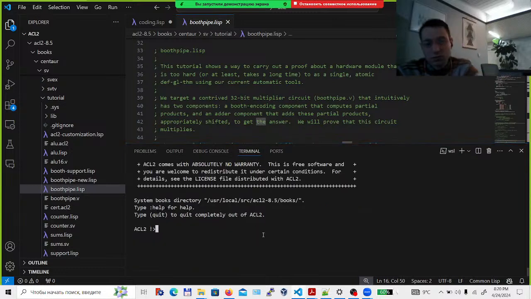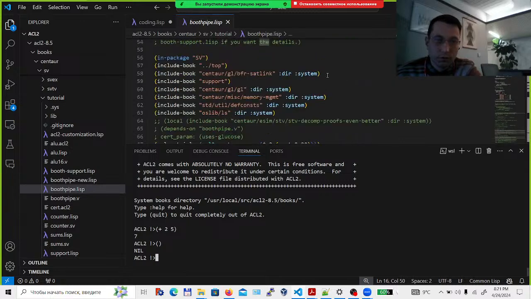It allows you to, for example, calculate some lists, do some empty lists, do some theorem proving.